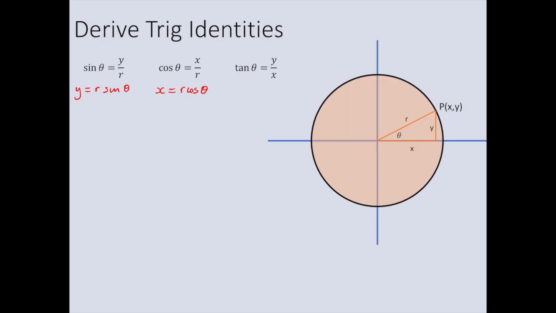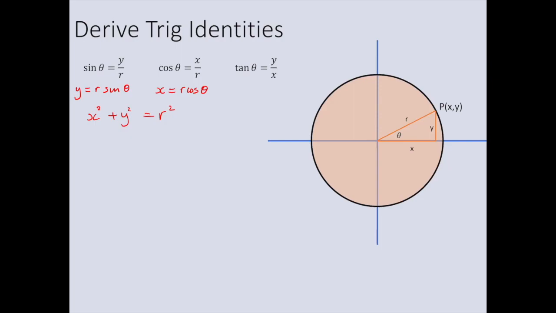Now, if you think about Pythagoras' theorem, it would say that the square on the hypotenuse is equal to the sum of the squares on the other two sides. So we could also write that x squared plus y squared equals r squared. We could get this formula by just considering the equation of a circle.